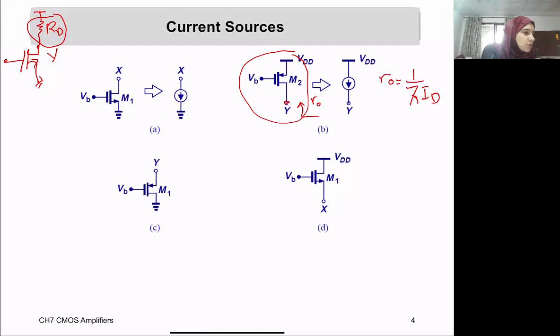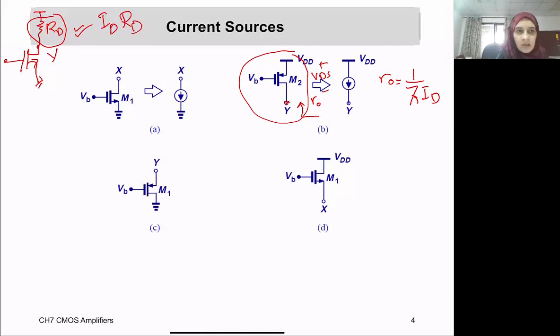So this gives me a larger impedance, but it does not take a larger voltage drop. The voltage drop across it is VDS here. It's not related to the value of this Rout. If I place a physical RD like this one here, the voltage drop across it is ID times RD. But here it's VDS.